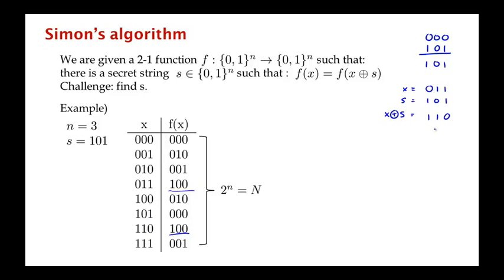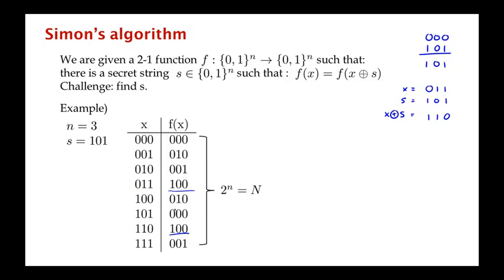Right? This is the property that we wanted, that the function is 2-to-1. There are exactly two values of x which map to the same thing, in this case 100.